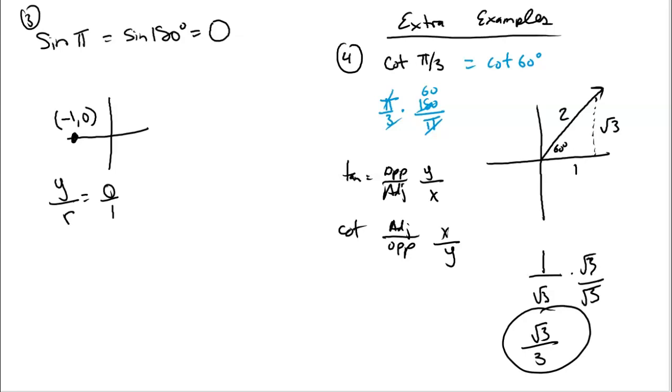All right, let's try another one. Let's do the secant of negative 4 pi over 3. Negatives.